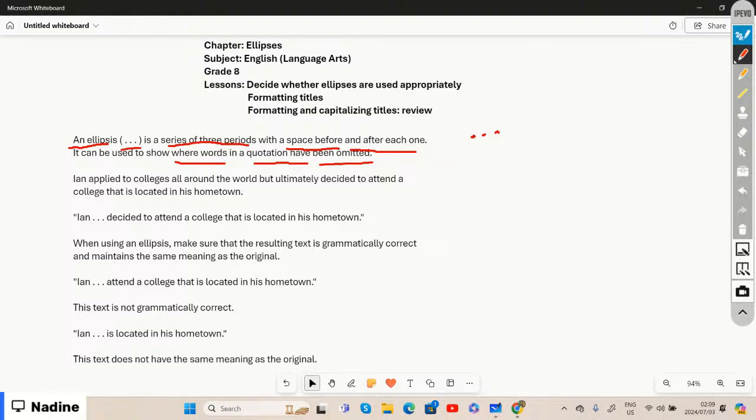And if we look at an example, it says Ian applied to colleges all around the world, but ultimately decided to attend a college that is located in his hometown.